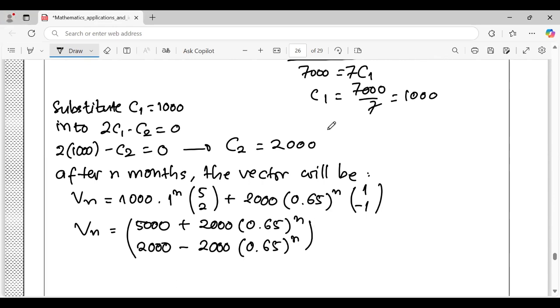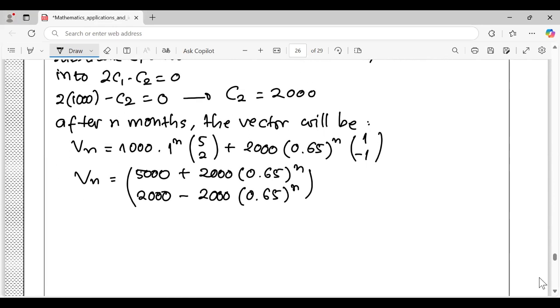But the number favoring the cafe after n months is given by the second equation.